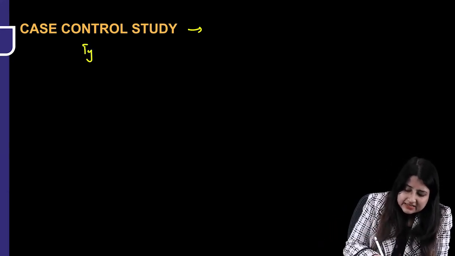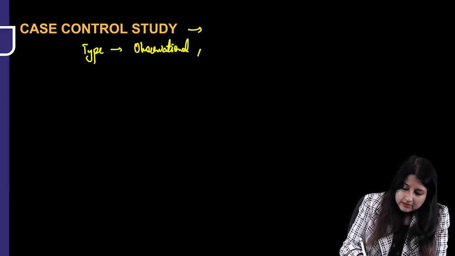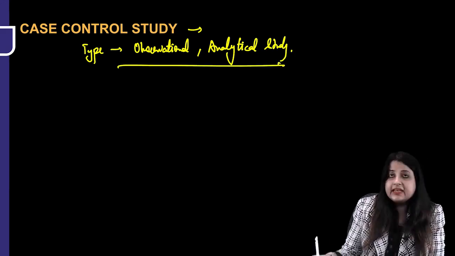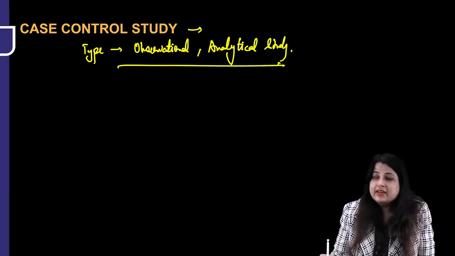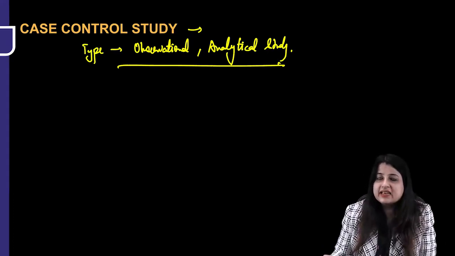So when you're asked, case control is a type of which study design? Again, it's a type of observational analytical study. Okay? Now, like I said, in a cohort, we always look at when you're starting the study, what you're comparing, and the direction.